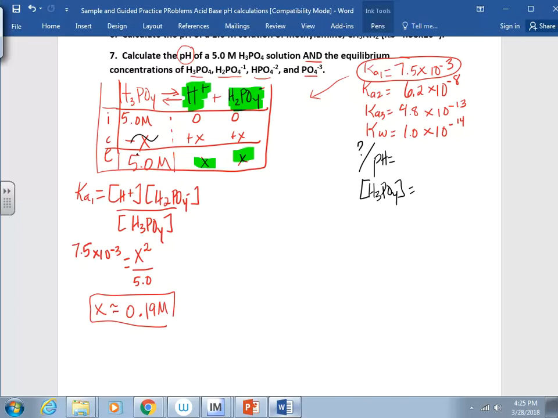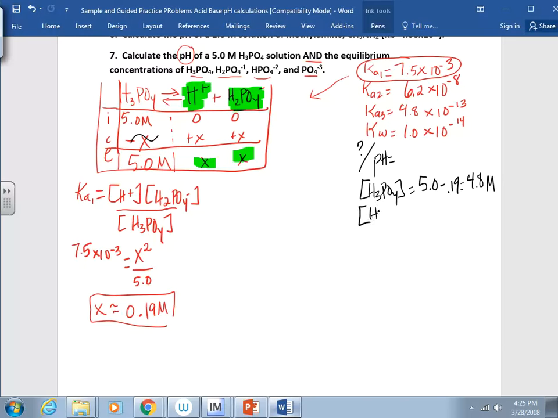If we wanted to be specific, we could come back in and substitute in the value for 0.19. So if you come back and substitute in, you get 5.0 minus the x value, because notice here it's 5 minus x, so you could say minus 0.19. So technically that would give you 4.8 molar.